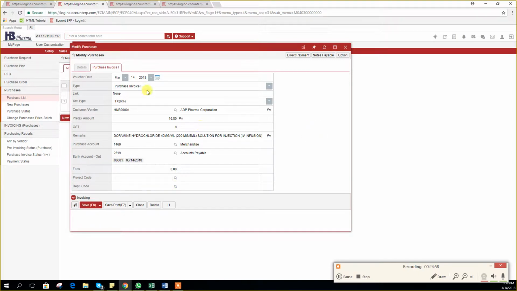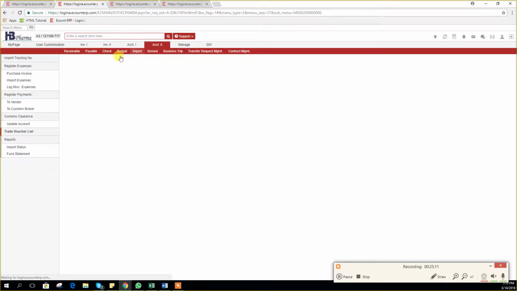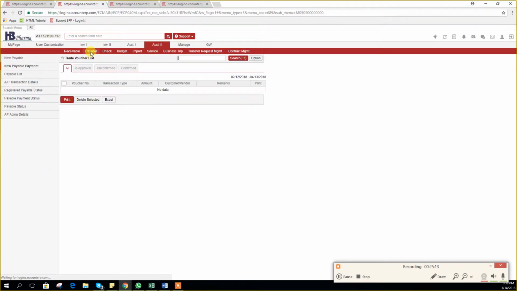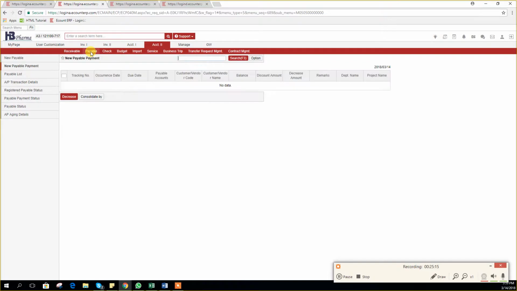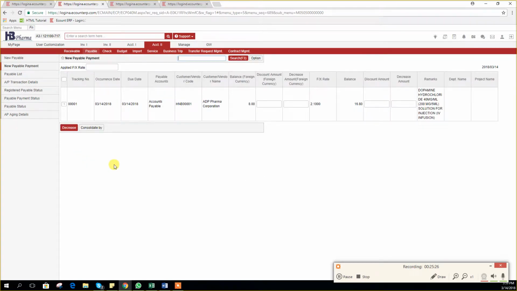Now this is a purchase invoice. So now I'm going to save this, and it's supposed to come up in payables, right? But it is not there. Why? Because you must select the US dollar first, alright?